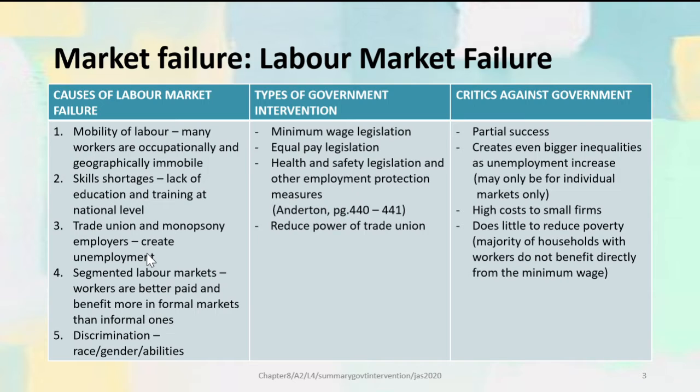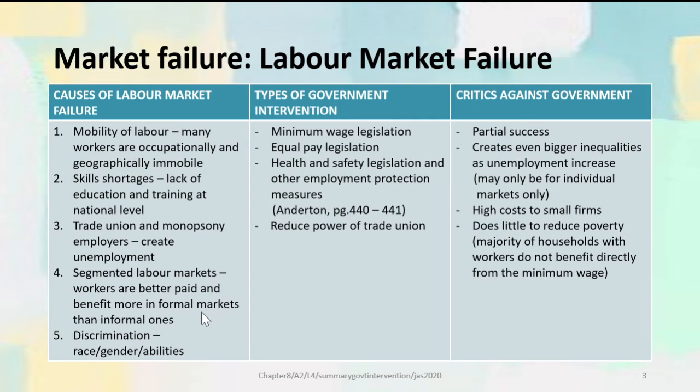At the end, if the trade union is more powerful, then at one point it will create unemployment. Again, if there is rising unemployment in the economy, it needs to be solved by the government.